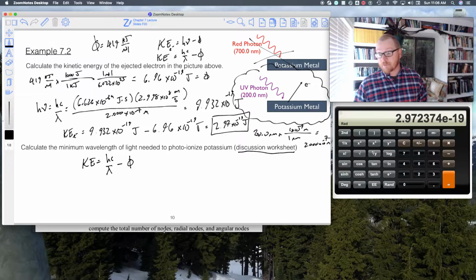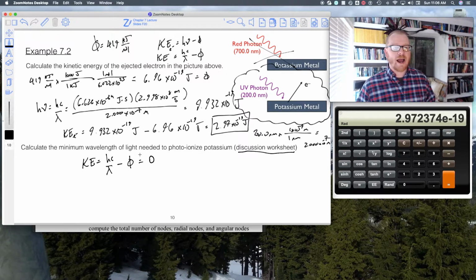The bare minimum energy will be when the kinetic energy is 0, because anything slightly more energetic than the energy that satisfies this equation, now that this all equals 0, will represent the bare minimum. Okay, hopefully that makes sense.